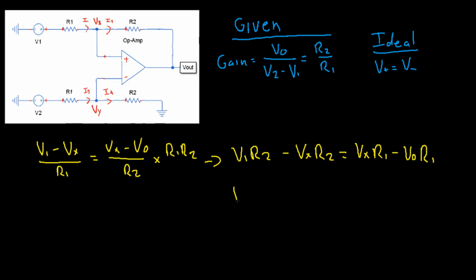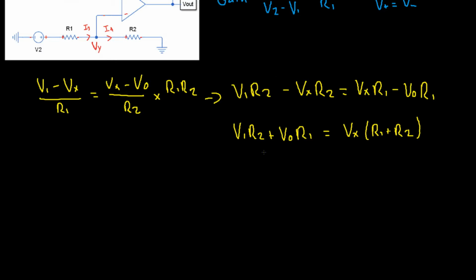That will give us V1 R2 plus Vo R1 is equal to Vx, and then we'll just collect our like terms here, R1 plus R2. Awesome, so now we can divide through by R1 plus R2, which will give us V1 R2 plus Vo R1, all of that divided by R1 plus R2, is equal to Vx. Okay, so nothing's too difficult yet.